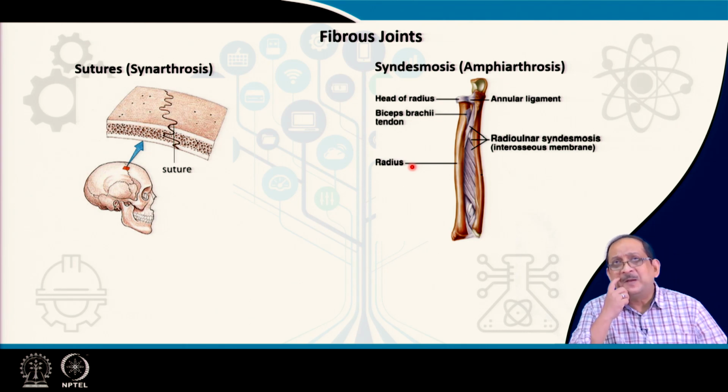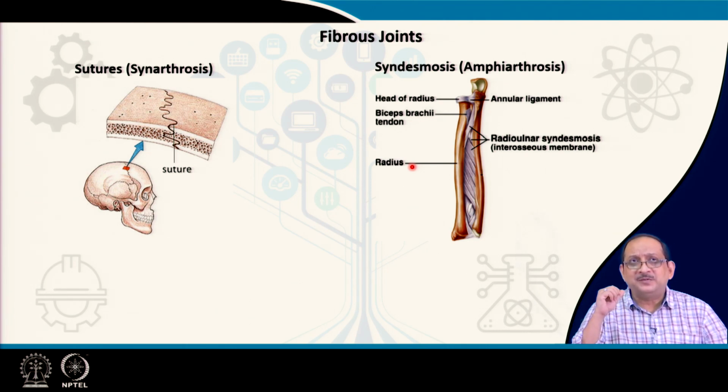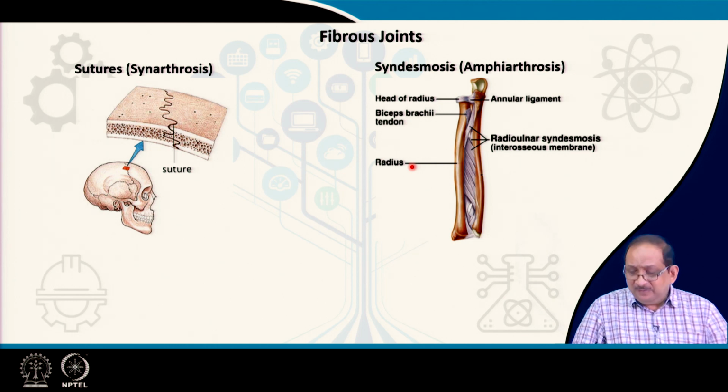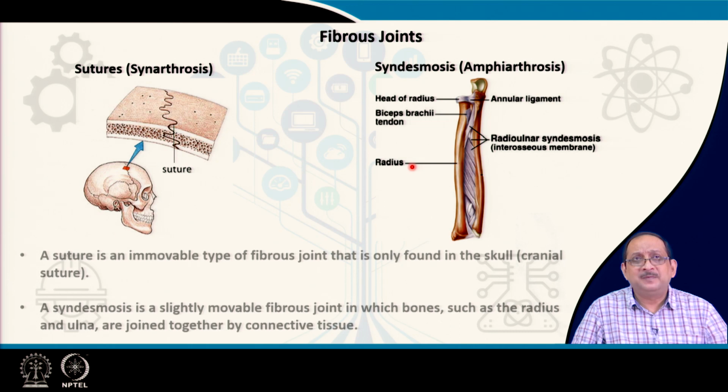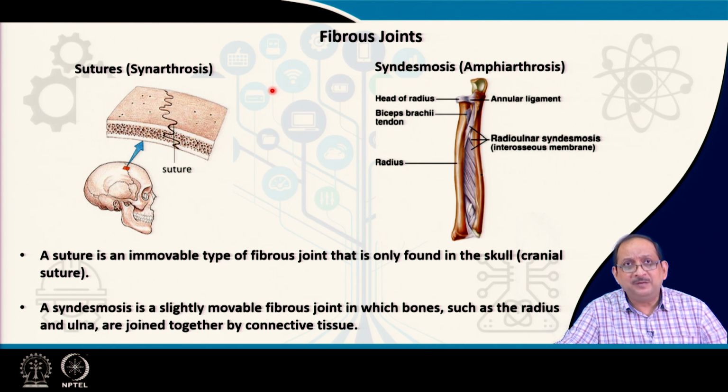Now, let us consider more in detail the fibrous joints. Examples are sutures, which are synarthrosis. A suture is an immovable type of fibrous joint that is only found in the skull, as shown in the figure.